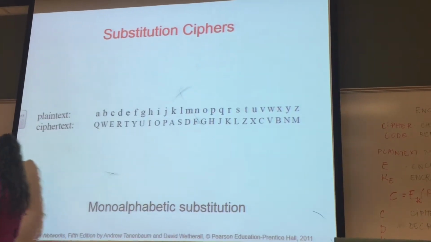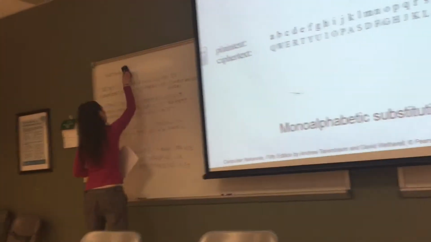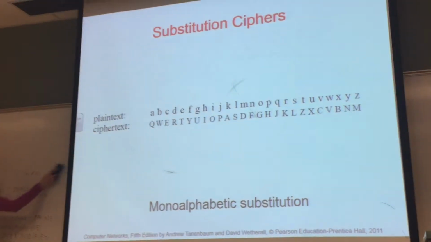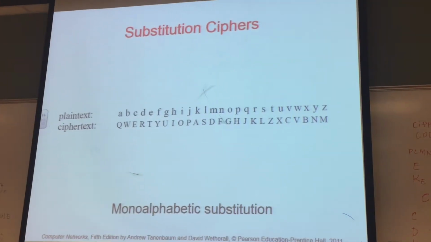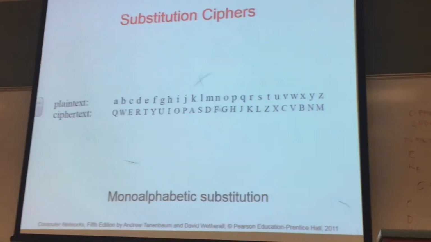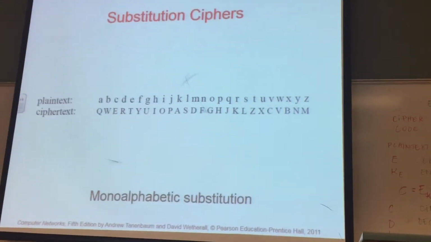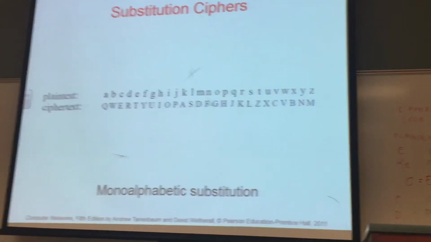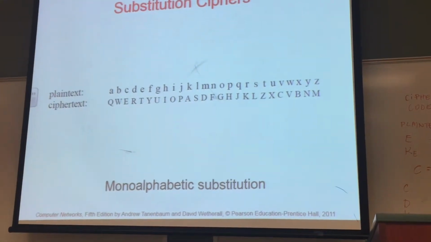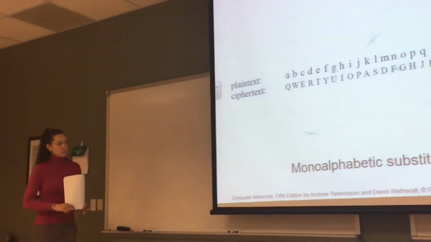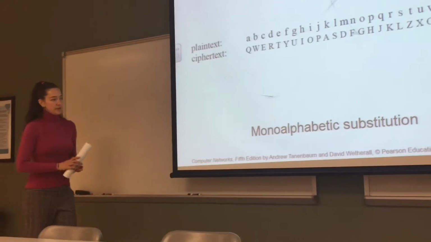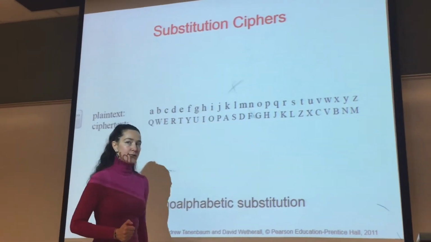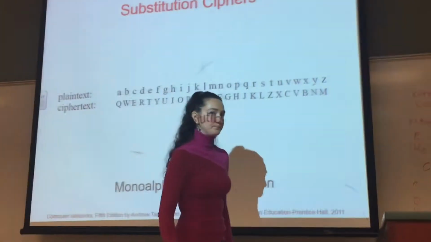It's called a substitution cipher. It's one of the oldest methods that existed. And it was actually used in the war. It was used in the World War. So the Germans used this method to encrypt messages during the war.